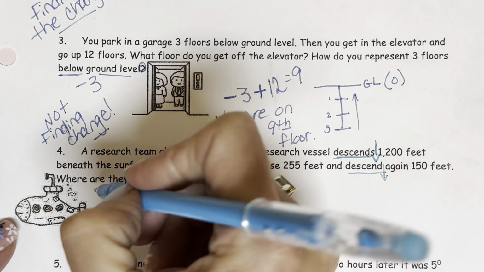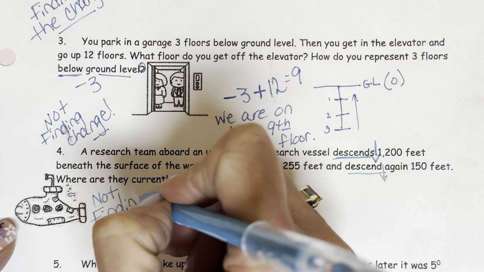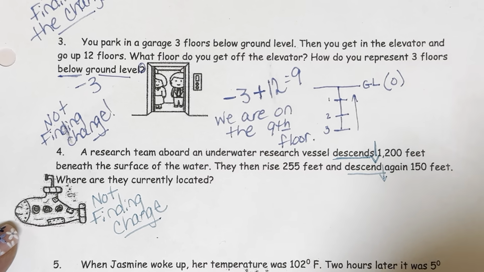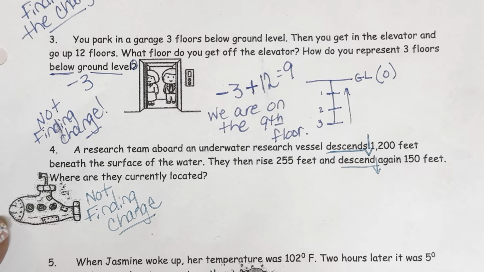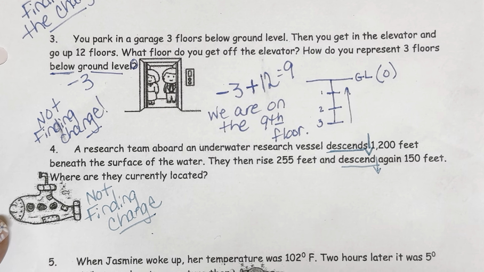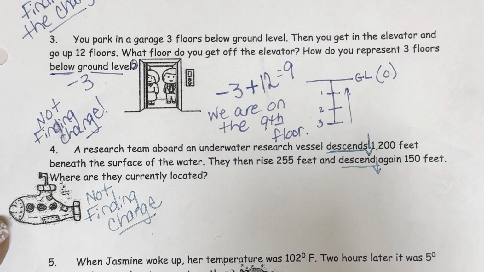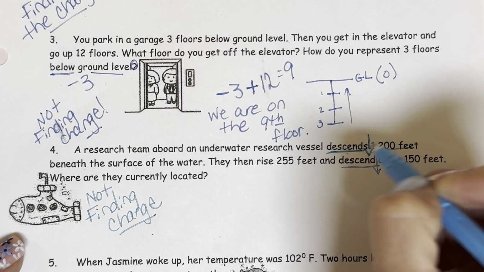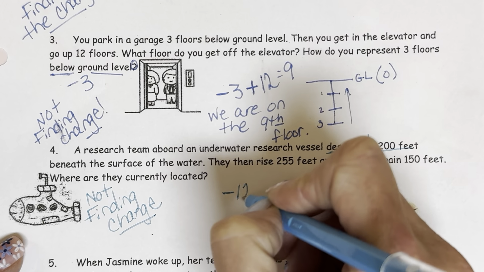This is, again, not finding change. We're not finding change right here. We're finding movement. We're looking at their movement and determining where they ended up. So, let's get our integers. It descends 1,200 feet. If it's descending, it's going down, so that 1,200 is going to be negative.